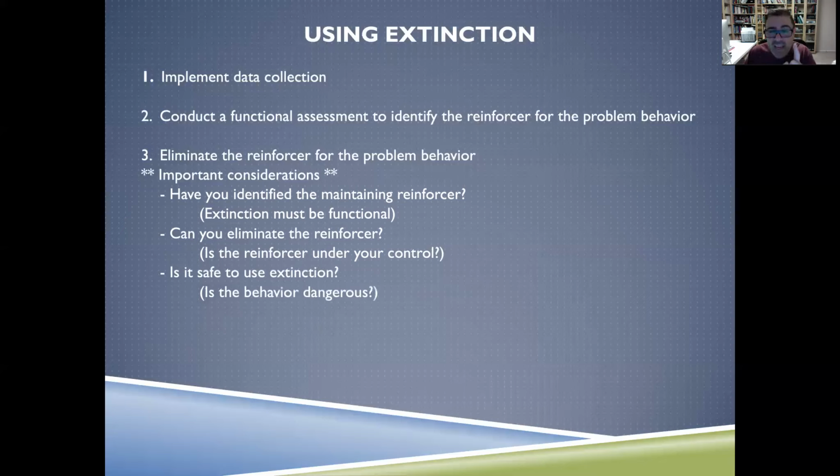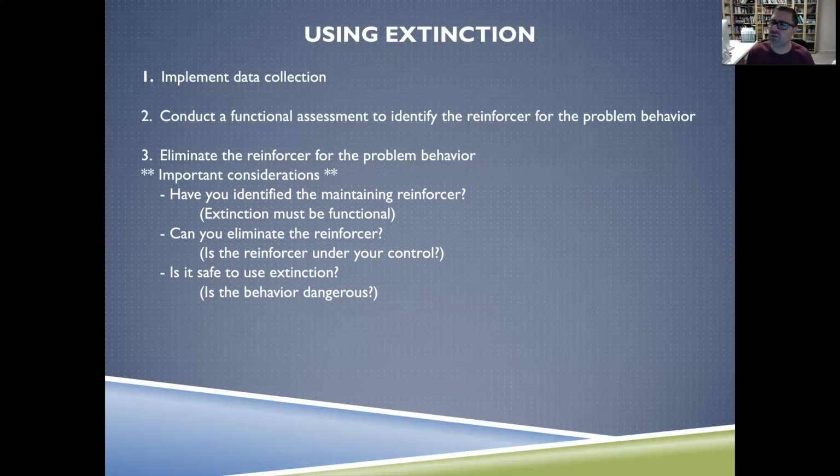Now, is it safe to use extinction? I think the book gives an example of someone who engages in severe aggressive behavior to produce escape from the tasks. Now, can you really go through the process of getting the person to engage in aggressive behaviors, and then the consequence is escaping from the task?